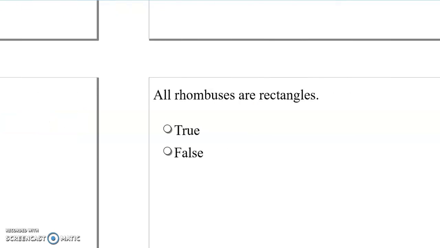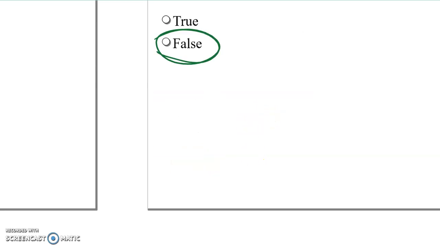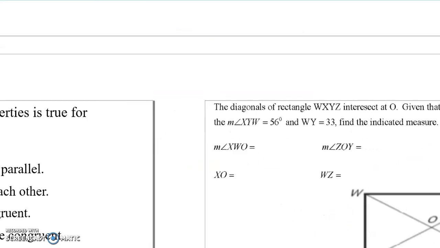Okay, are all rhombuses rectangles? Here's where we need to be careful. Absolutely false. Rhombuses are their own shapes, rectangles are their own shapes. But if I say rhombuses are blank rectangles and it's always, sometimes, never, it is going to be sometimes, and that's when they're a square.